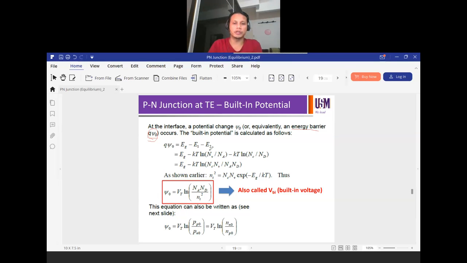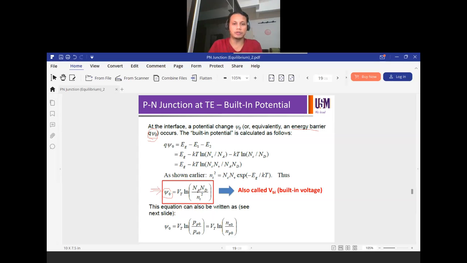So in order for us to calculate how much the potential barrier is, we'll use this equation. So Vbi, this one is actually Vbi, is equal to thermal voltage VT ln NA times ND over ni squared.